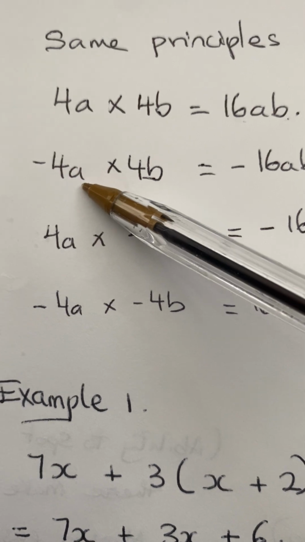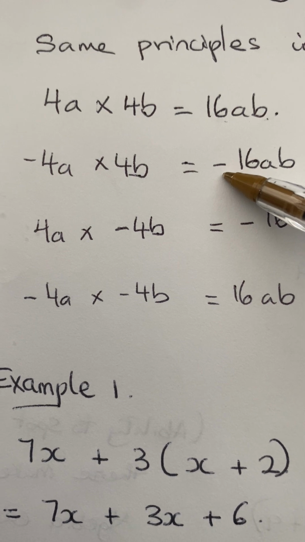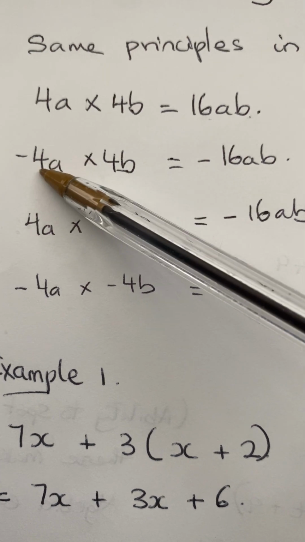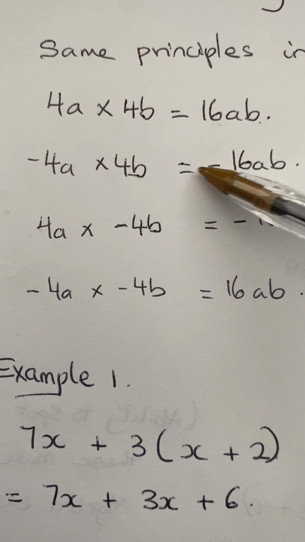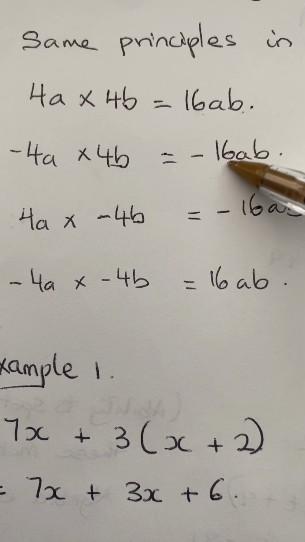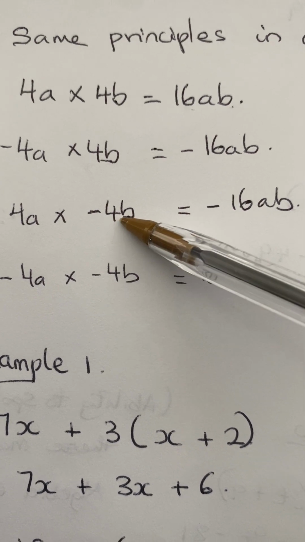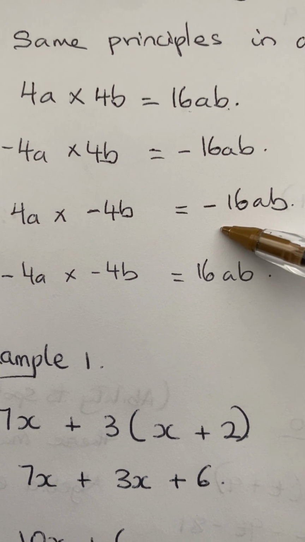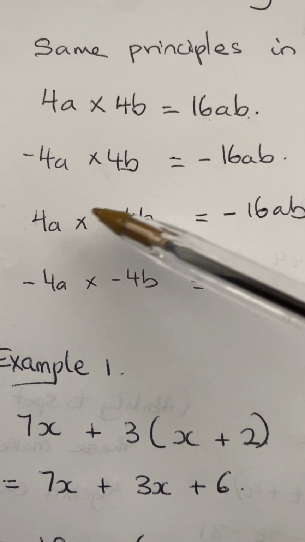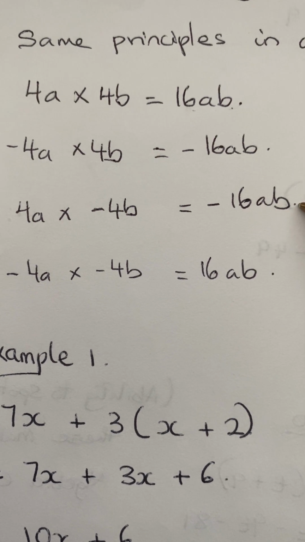Minus 4a times 4b will be minus 16ab, because minus 4 times 4 is minus 16, and then you have ab there. 4a times minus 4b will give you minus 16ab, because that is negative and that is positive, so the answer will become negative.